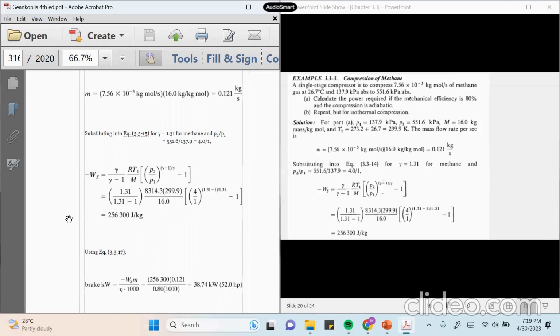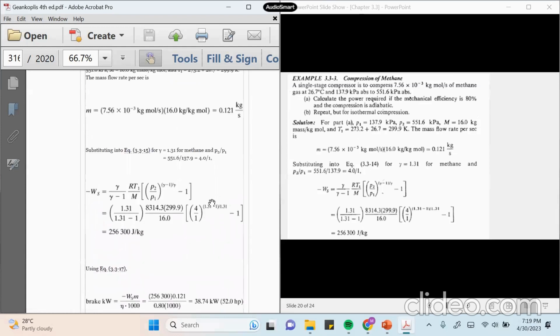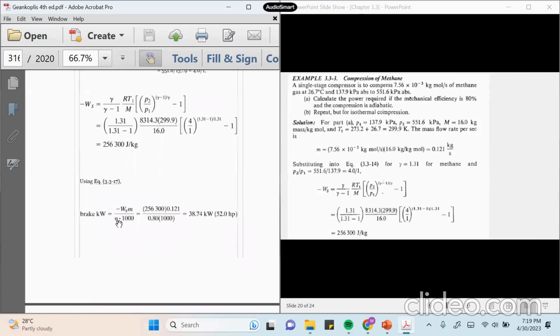So I can get that the minus Ws is this. Then calculate the power, so I have to calculate the brake power. I put all the known values here, minus Ws, and then the mass from above. The efficiency is 0.8 times 1000, then I know that it's 52.